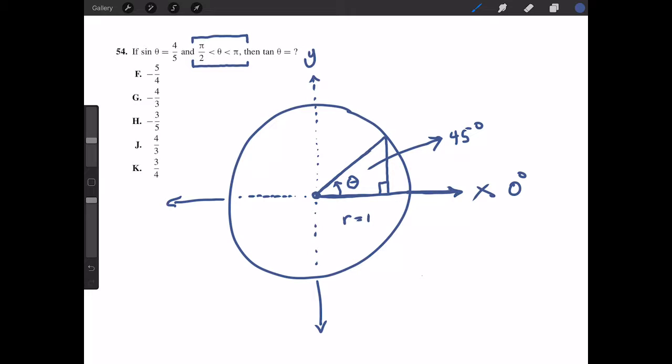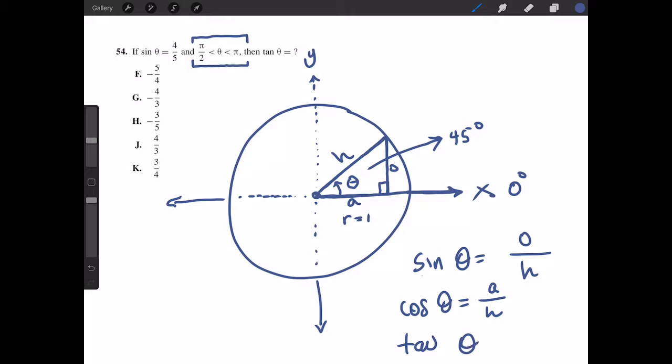Well, the hypotenuse, which is this radius right here, equal to 1, gives us this right triangle, where this is the opposite side and this is the adjacent side. We can define the trig functions as sine of theta equal to the opposite side divided by the hypotenuse. Cosine of the angle theta is equal to the adjacent side over the hypotenuse.